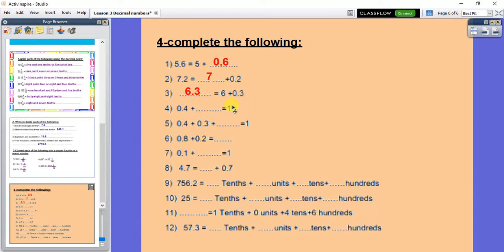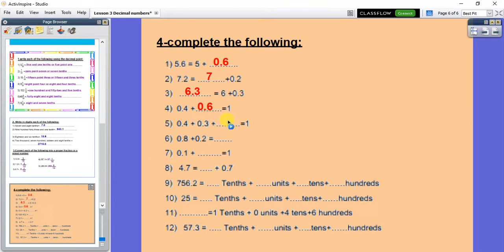Then 0.4 plus, I want to imagine that I will make 10, 1.0, not 10. So just imagine. It will be 0.4 plus 0.6 to give you 1.0.